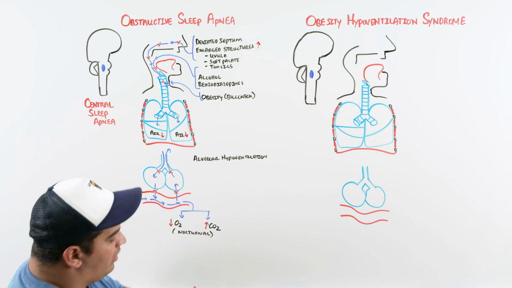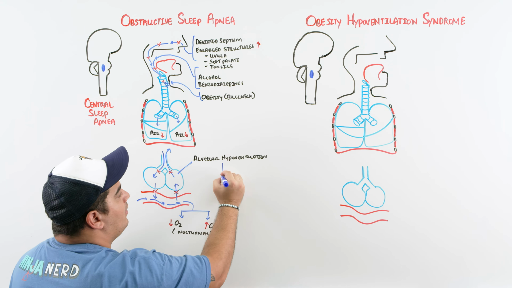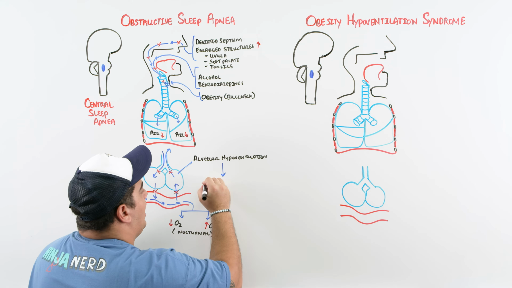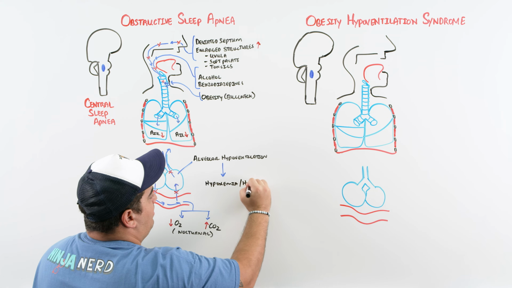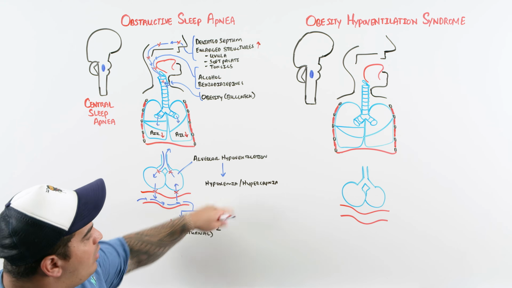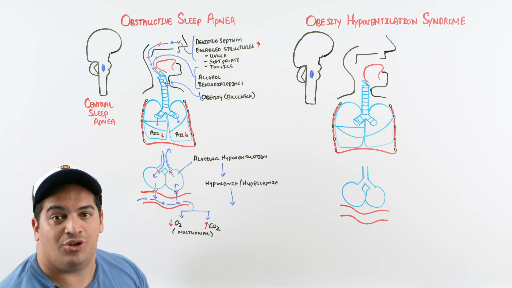So this alveolar hypoventilation that you're seeing here will then lead to these effects, which is going to be hypoxemia and hypercapnia while they're sleeping. Now, the problem with this is that these patients don't oxygenate multiple different tissues while they're sleeping.